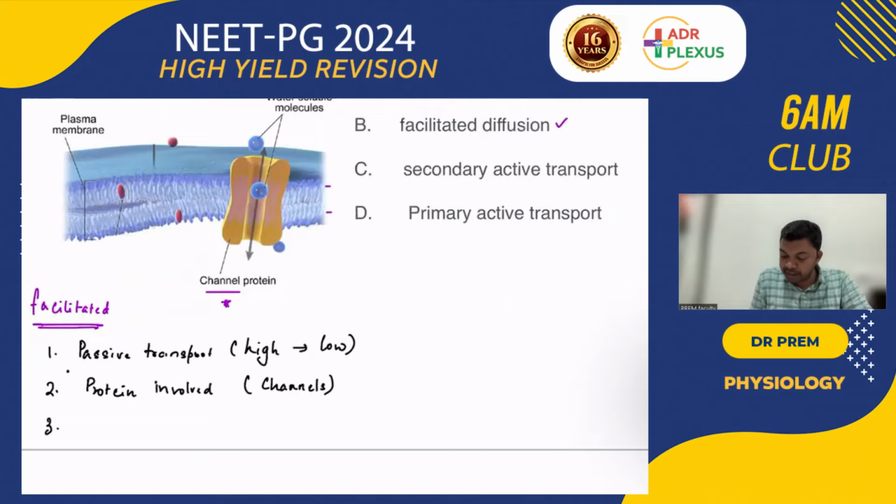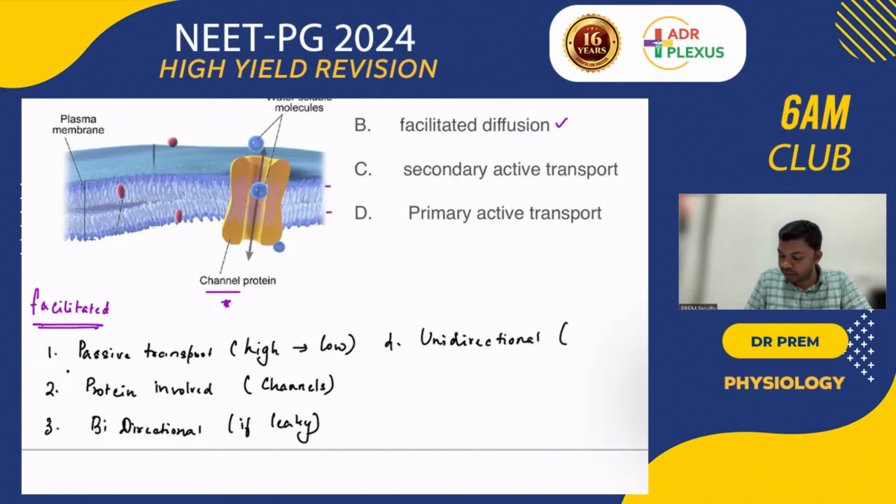Point number three, since it is a channel, there will always be a bidirectional transport if the channels are leaky channels. Provided if the channels are gated channels, there will be unidirectional transport, so from one side only.